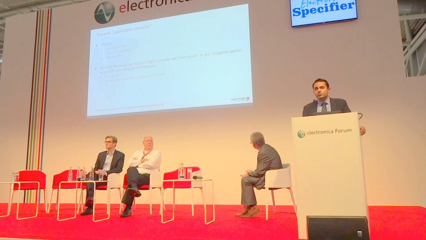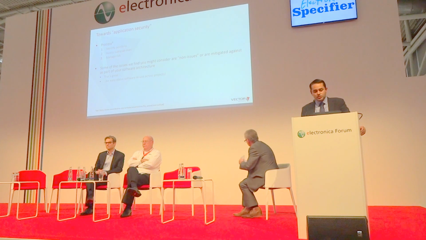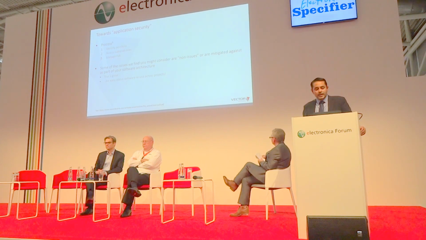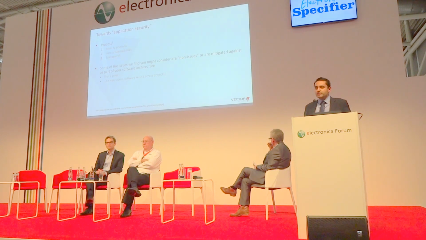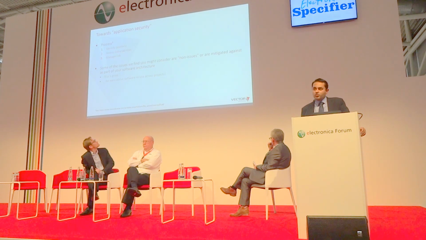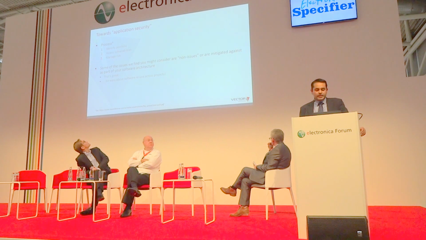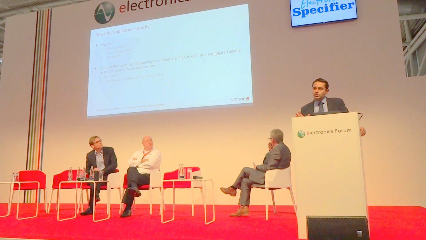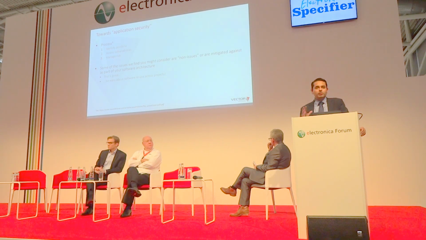So you need to come up with a risk analysis of what happens if someone is actually able to take advantage of the situation. And what you might find is that some things that you consider are non-issues or mitigated against as part of your software architecture. But one of the interesting things here is that typically in the software industry we talk a lot about reuse.